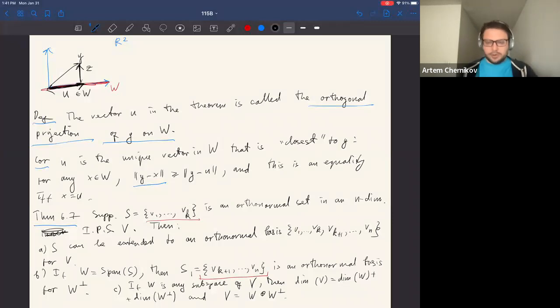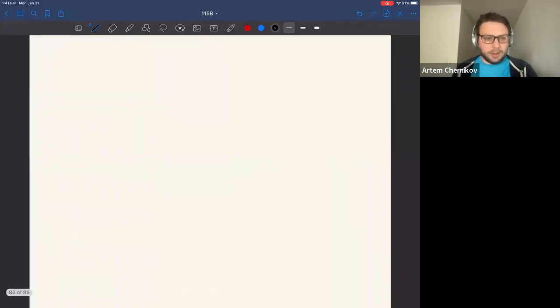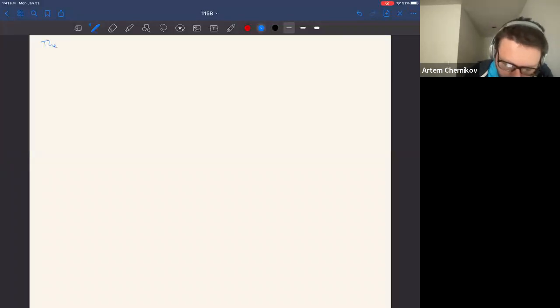All right, so let's move on. The last thing we need from 115A is the adjoint of a linear operator. An important notion.